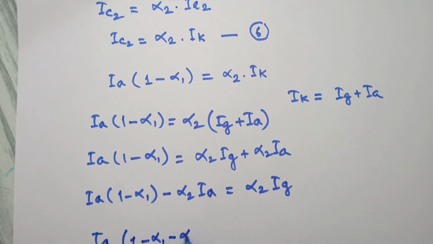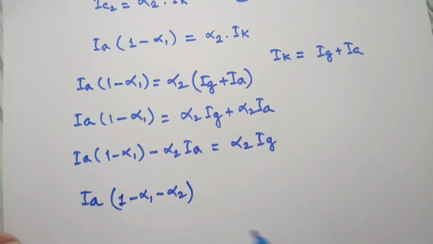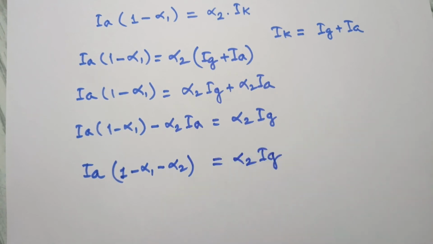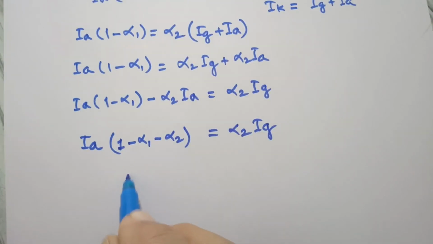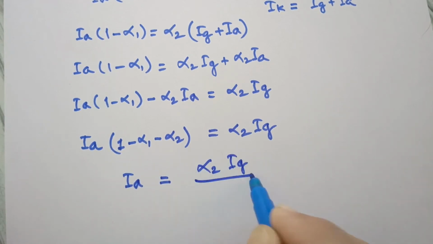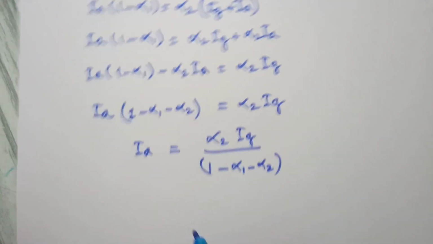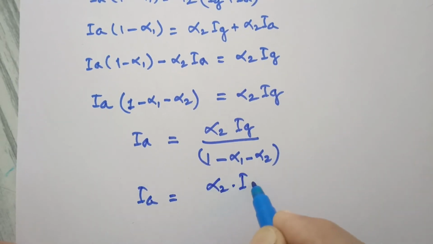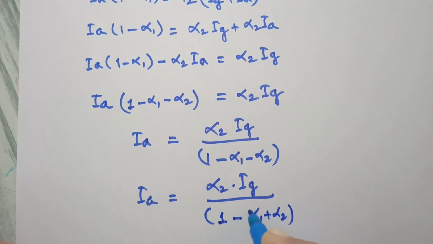Now from here I can have IA as a common factor, so into the bracket we are left with 1 minus alpha 1 minus alpha 2, and on the right hand side alpha 2 into IG. Therefore the expression for anode current will be alpha 2 IG upon 1 minus alpha 1 minus alpha 2, or to make it simple, IA equal to alpha 2 IG upon 1 minus alpha 1 plus alpha 2.